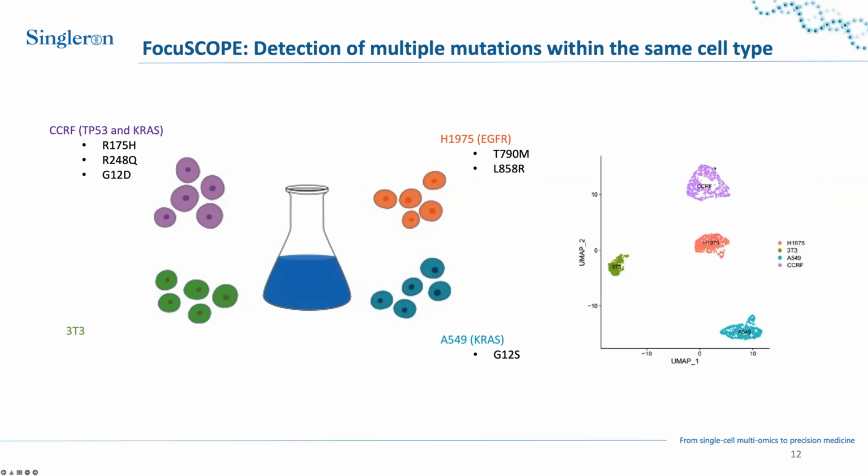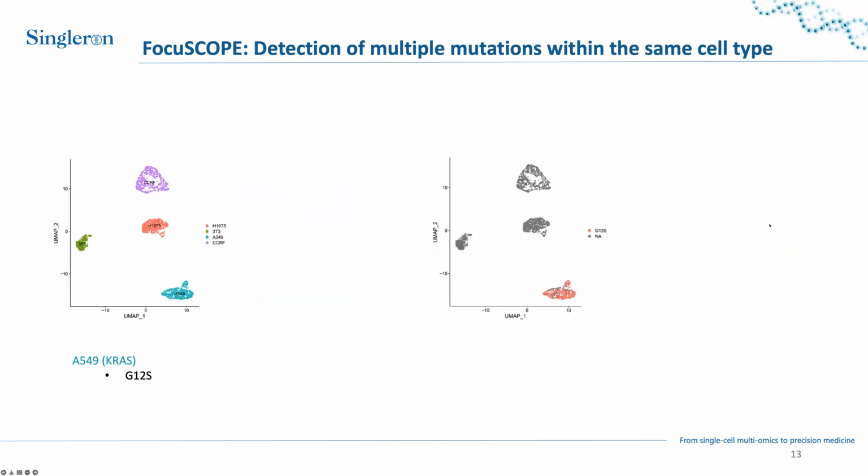And so this is the UMAP that we generated. And as you can see, these 4 different cell lines really cluster well apart from each other. Looking at this in detail, for the cell line A549, this cell line has a mutation in the KRAS gene, a G12S mutation.